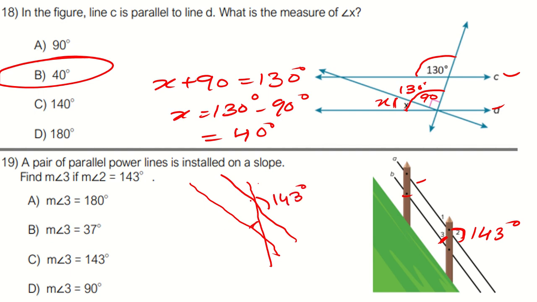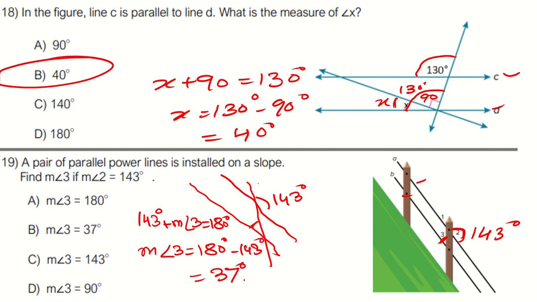Now you see, the sum of these two angles, 143 plus the measurement of angle 3, must be equal to 180. So the measurement of angle 3 is equal to 180 minus 143. It means it should be 37 degrees. Just check the calculation once more. 37 degrees.